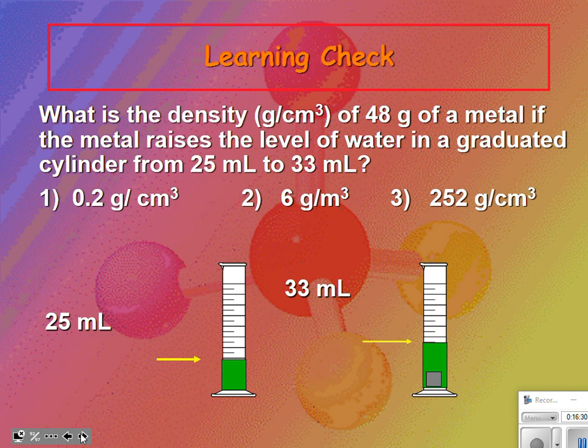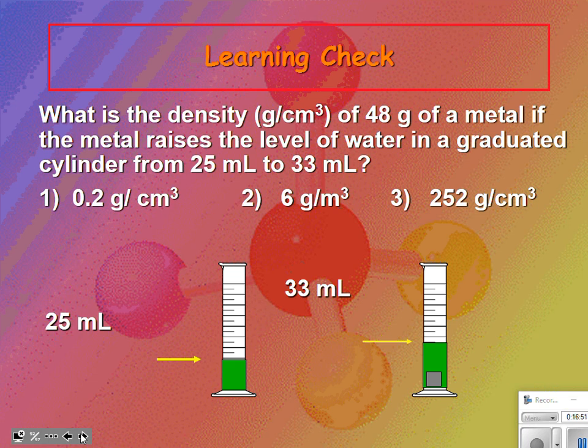What is the density in grams per cubic centimeter of 48 grams of a metal if the metal raises the water level in the graduated cylinder from 25 to 33? So we've got this little block. We just said it was 8 mLs, right? So how are we going to calculate that?